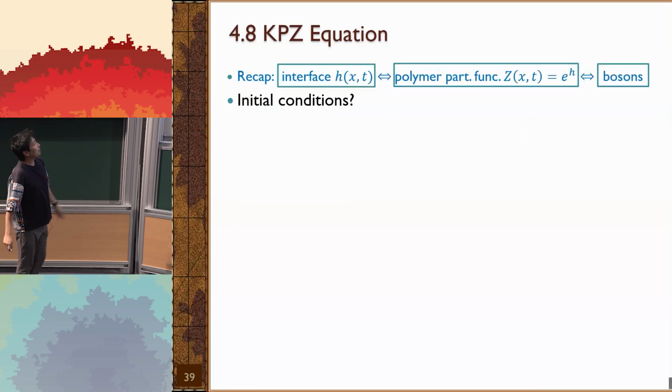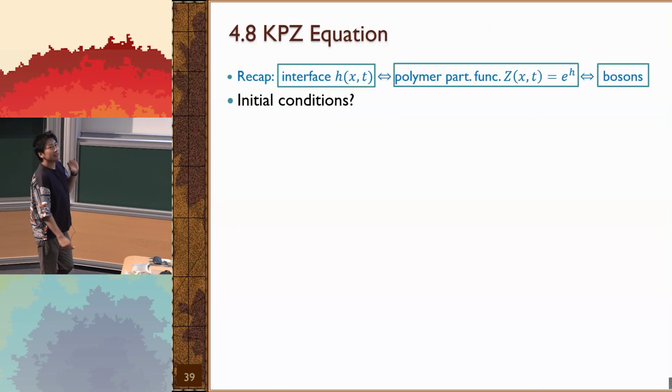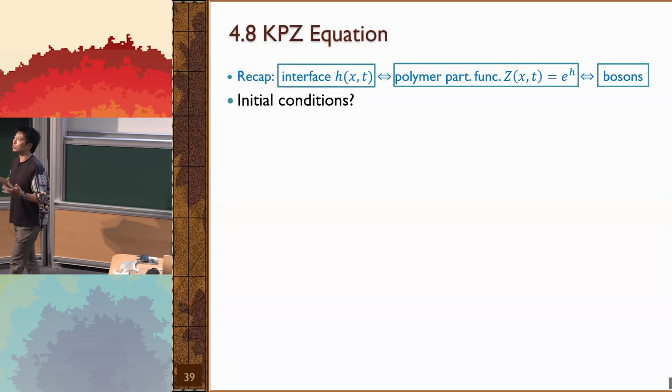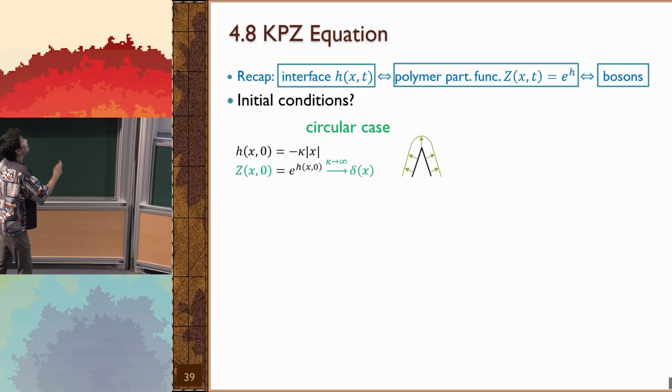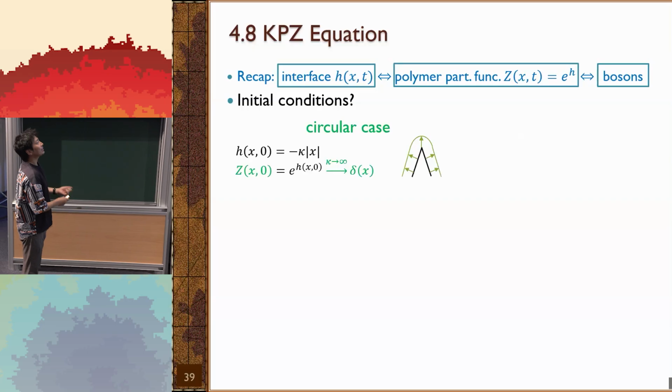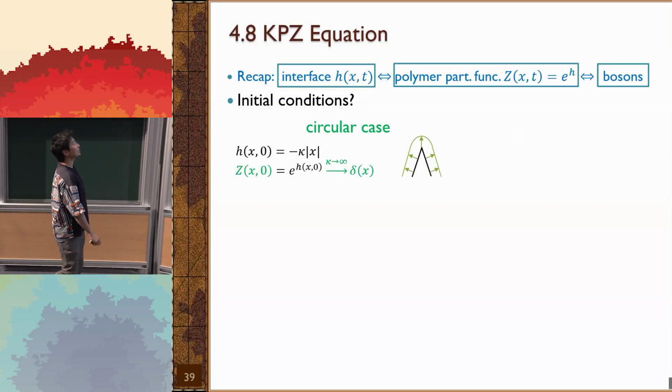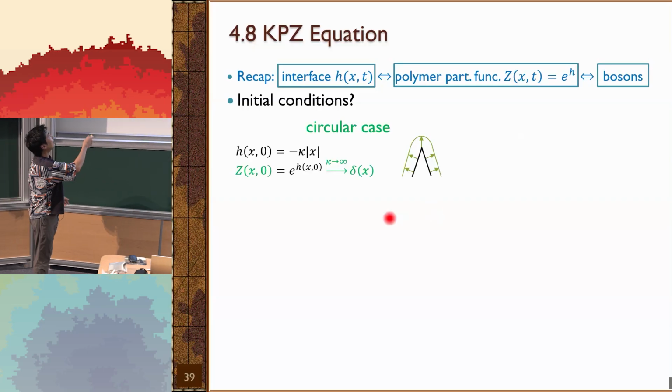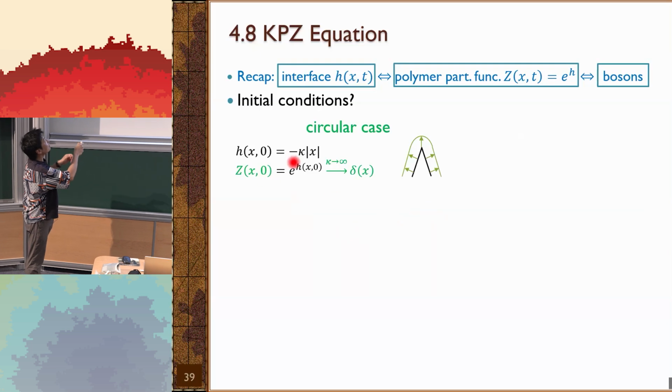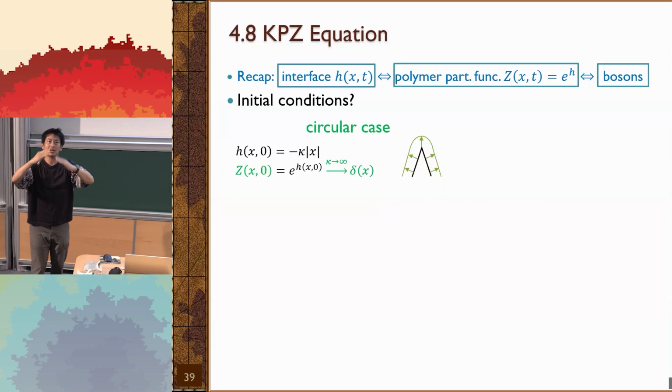Okay, and then I was telling yesterday that the initial condition is important. So let's consider first the circular case. For the circular case, for the KPZ equation, we usually consider this kind of wedge initial condition. So this V-shaped initial condition, and then the interface will grow from it.